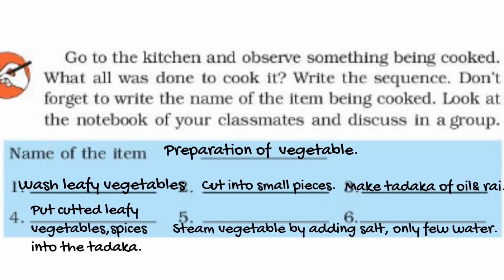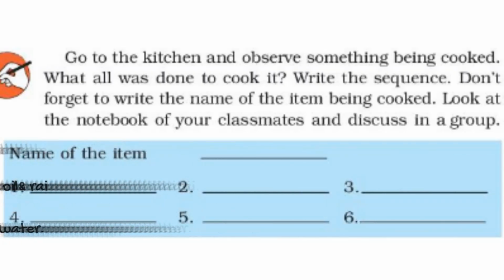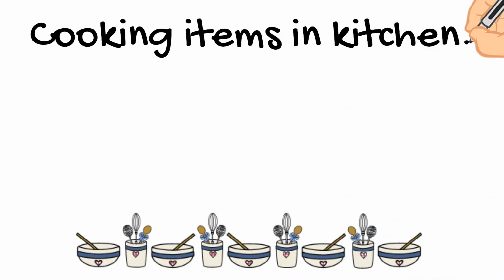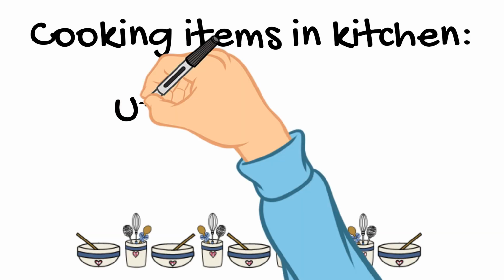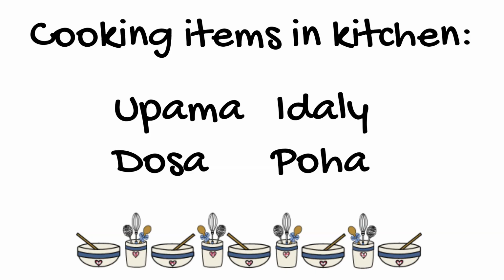We wrote the steps of how to cook leafy vegetables. Now we are going to list the items we have seen being cooked in the kitchen. Okay, first is upma, then idli, then dosa, poha. So we see many items being cooked in the kitchen. You can write your own items also.